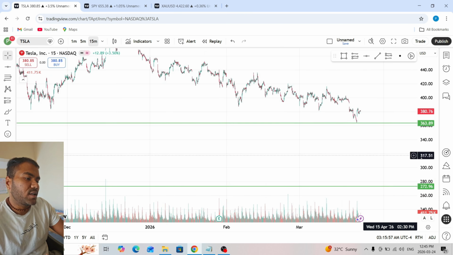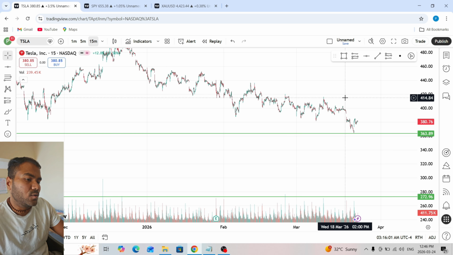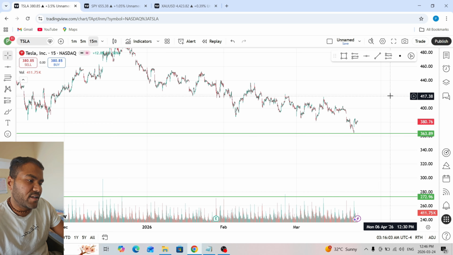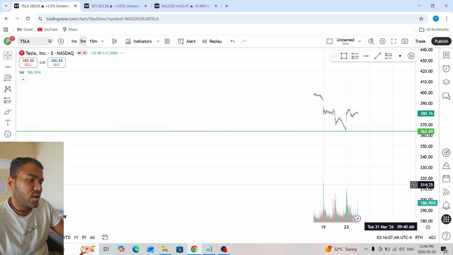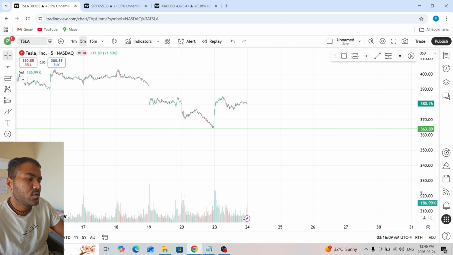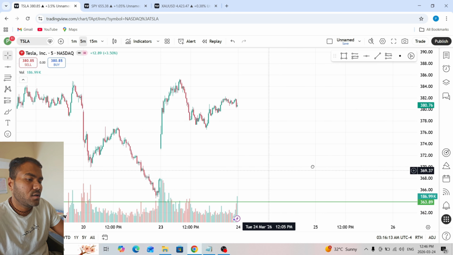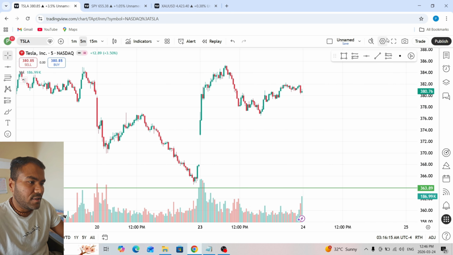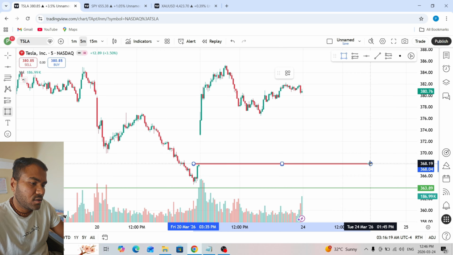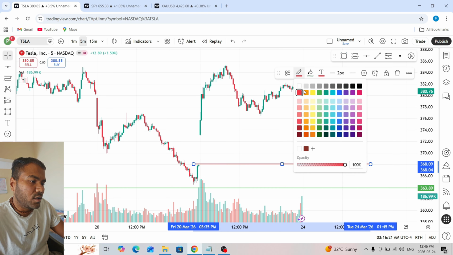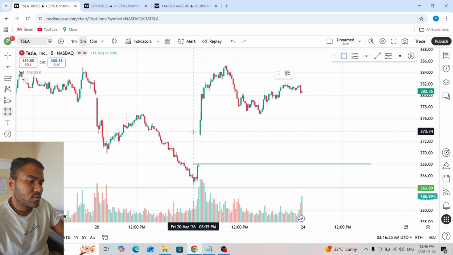So making a support line is easy on a chart. You just have to grab the lower low portion of the following trend. So now let's focus on 5 minutes. If we see on 5 minutes, we will have two support zones or lines.